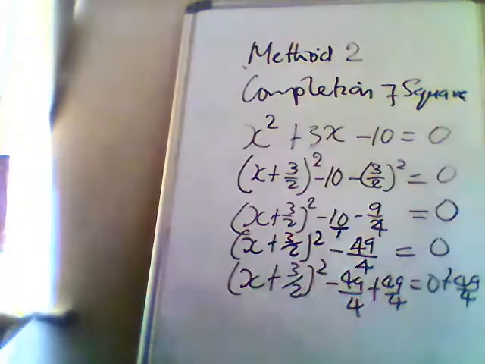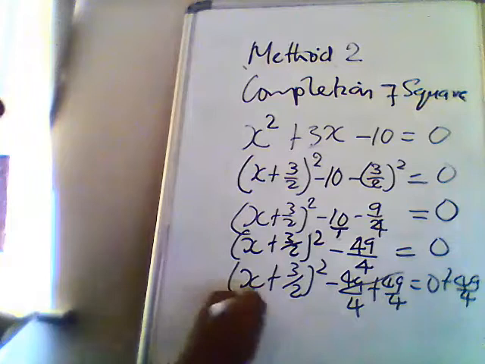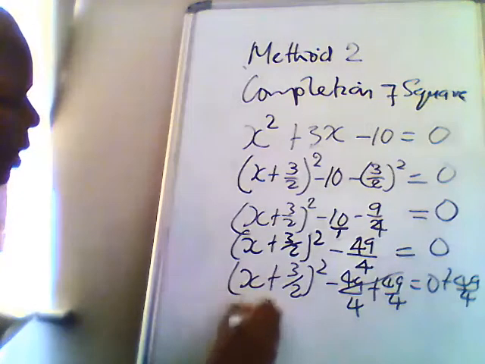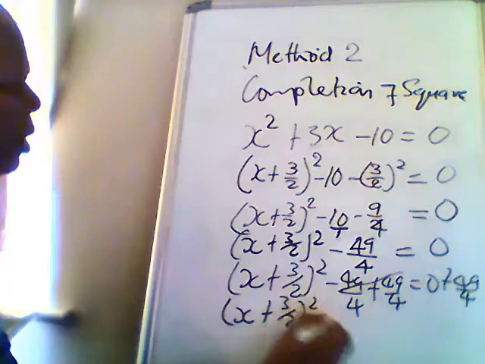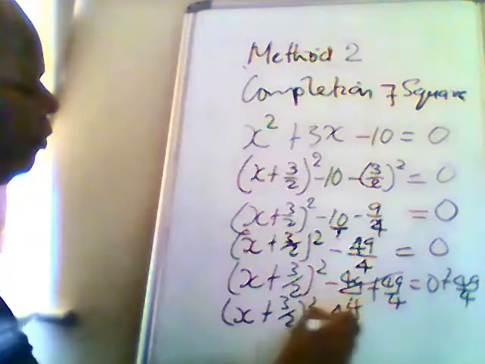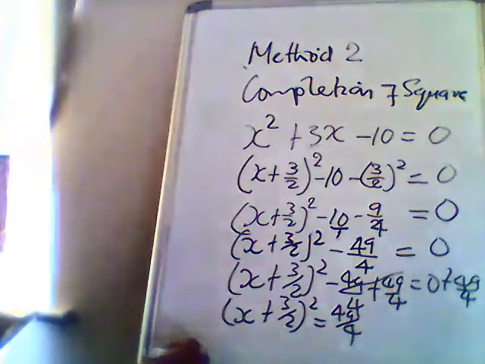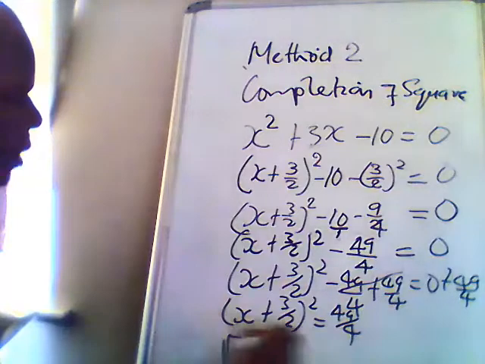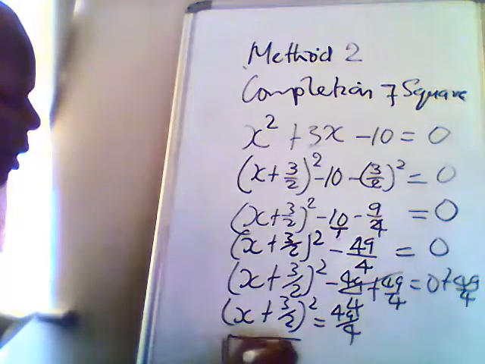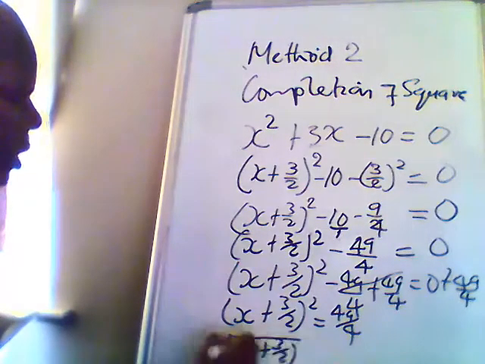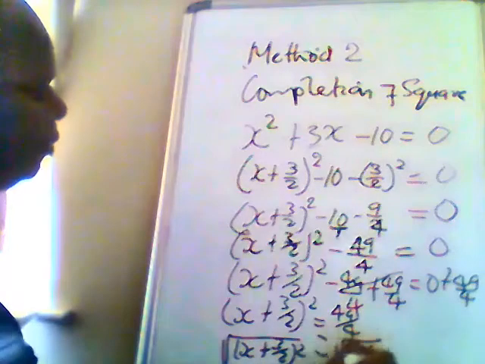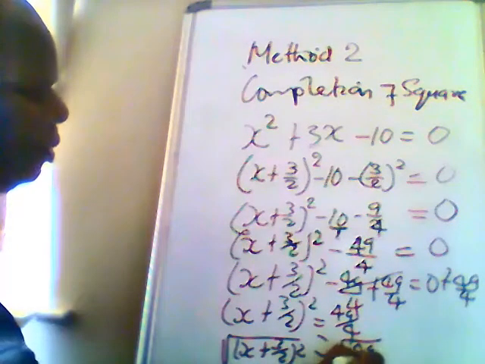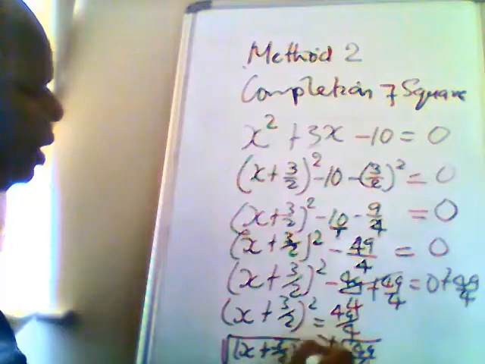So these cancel, and then I have only x plus 3 over 2 squared equals 49 over 4. Then I take the square root of this side, so the square root of x plus 3 over 2 squared equals the square root of 49 over 4. This is a plus or minus.